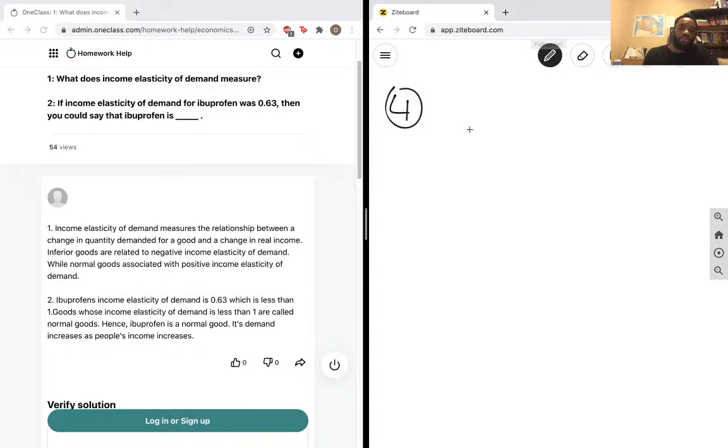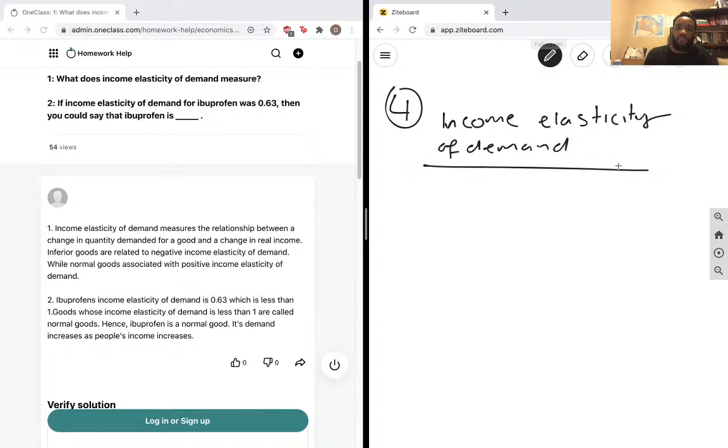So let's put that down. It's basically percent change in quantity demanded over percent change in income.